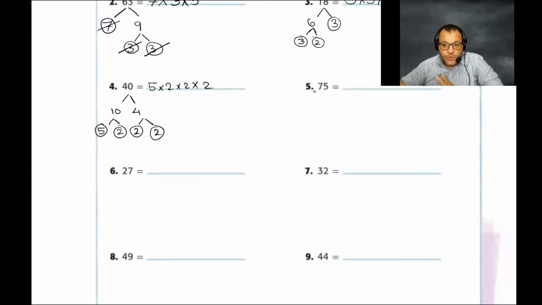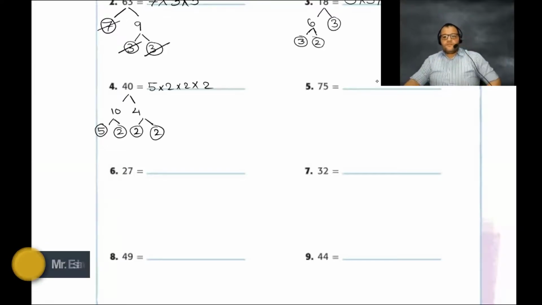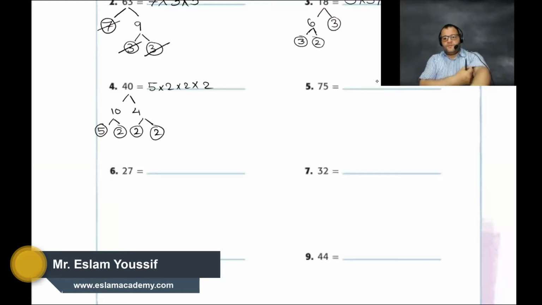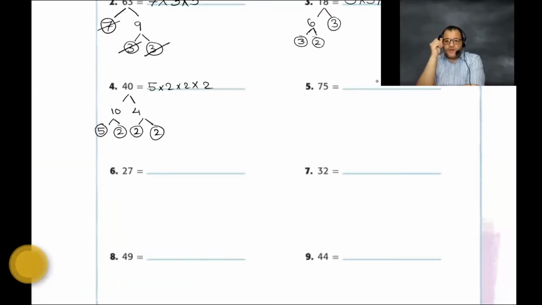75. I need two numbers. If you multiply them, the answer is 75. 7 times 5? No, 7 times 5 is not 75. 7 times 5 is 35. 7 times 15 is 105. 75 is not 7 times anything.